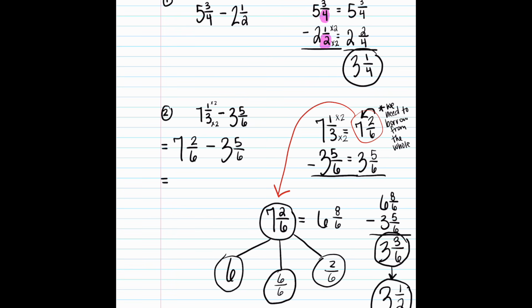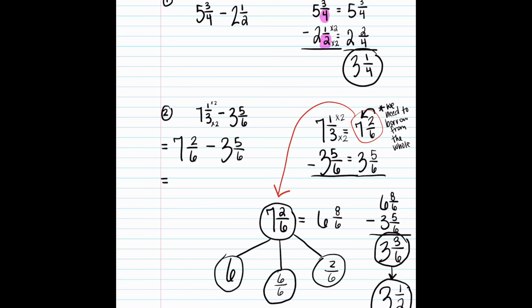It's okay if I change the way I look at a fraction, as long as it's not my final answer, okay? So I'm going to take this 7 2/6, and we've already discussed the fact that we can't take 5/6 from 2/6. So just like we do when we have multi-digit subtraction, we can stack those numbers and borrow from the next place value.